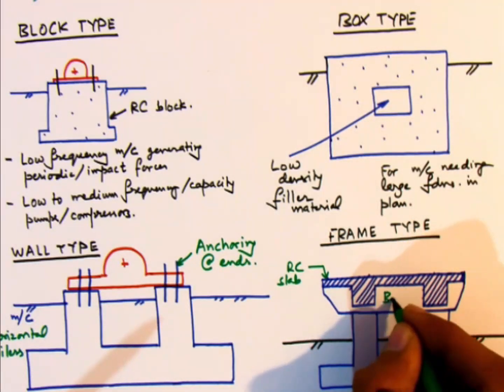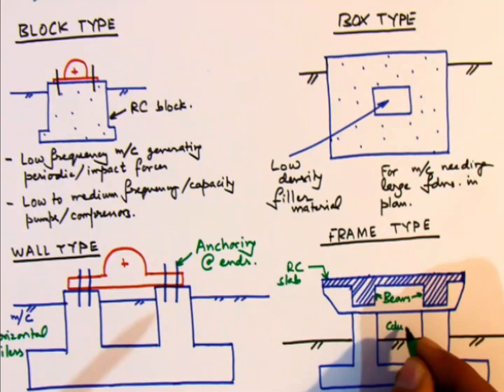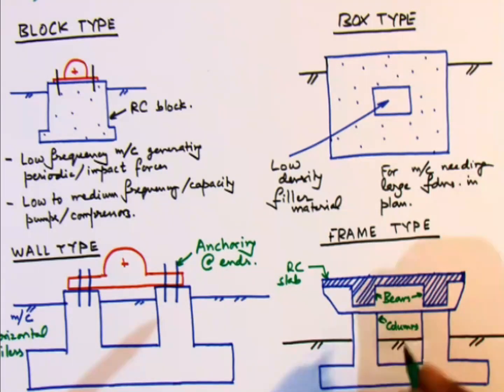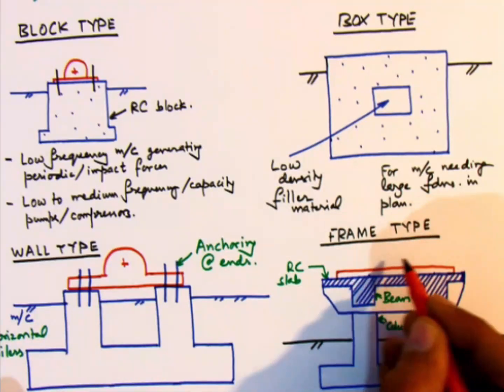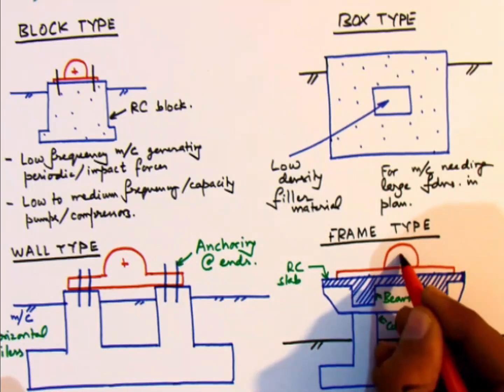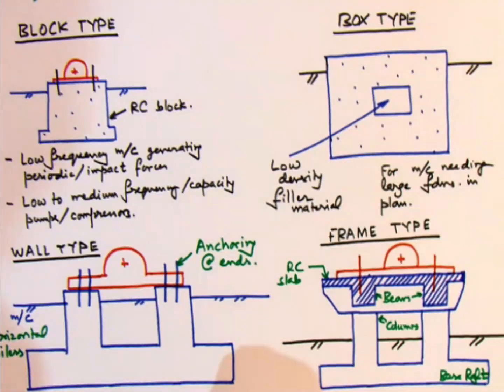So we can find here all the components of a 3D space frame, like RC slab, beams, columns, and finally a very thick raft kind of foundation. Finally, the machine is anchored at the top of the deck slab, and the anchors are usually stemming out of the beams.